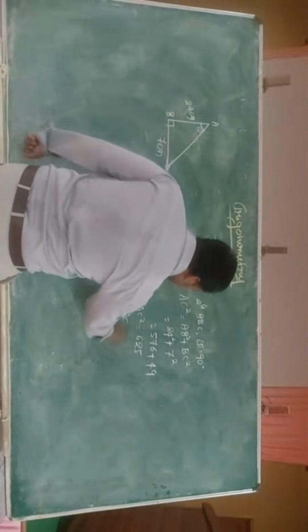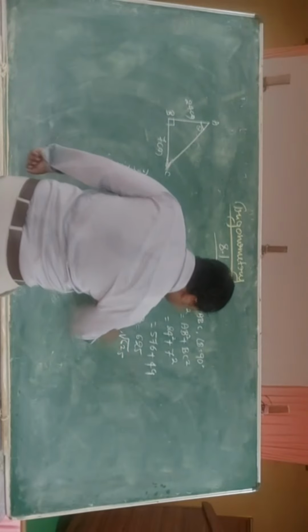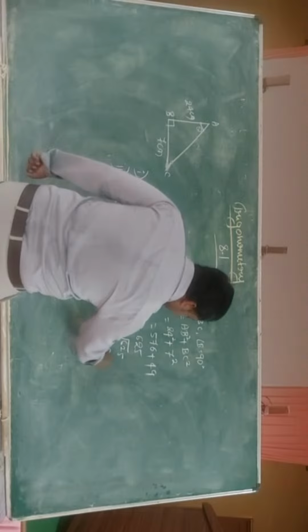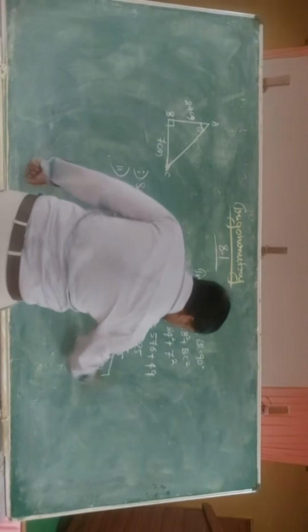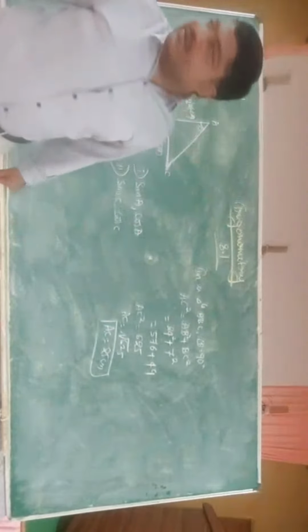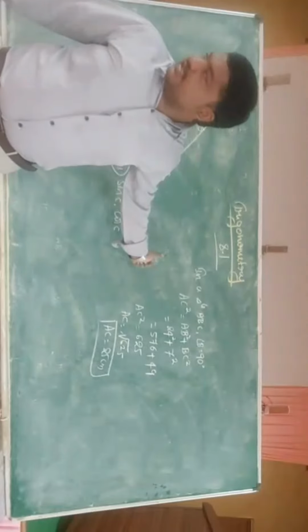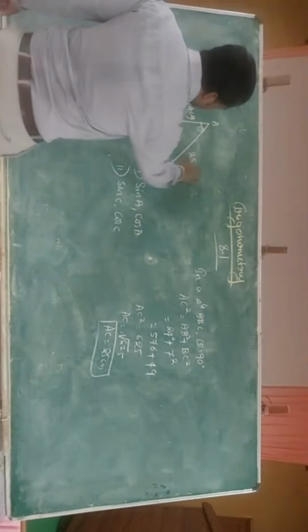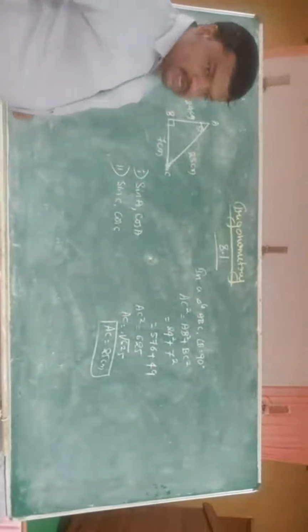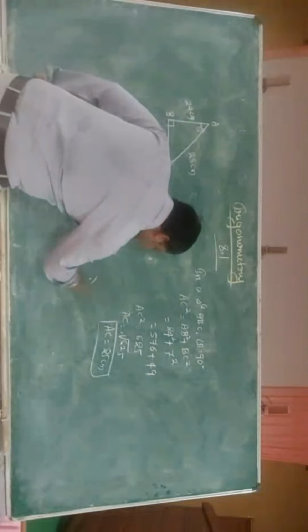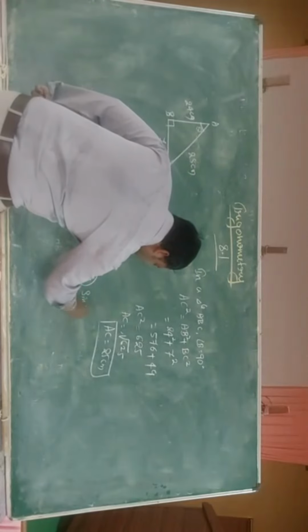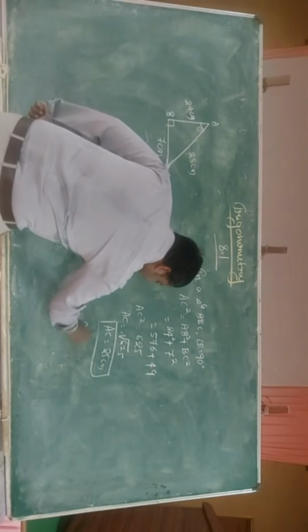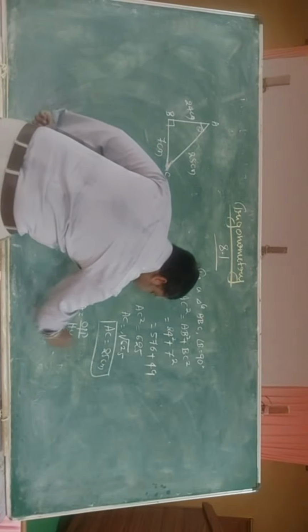AC is equal to under root 625, so AC is equal to 25 plus or minus. But here we are considering only the positive value because it's a distance, length. So AC is 25 centimeter. Now we can calculate the first one and second one. First one, sin A is equal to opposite upon hypotenuse.